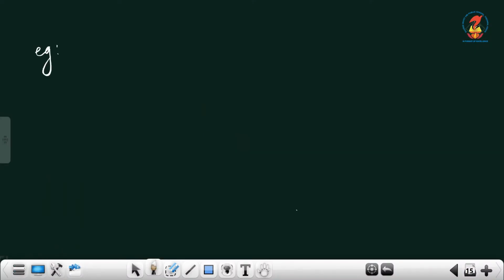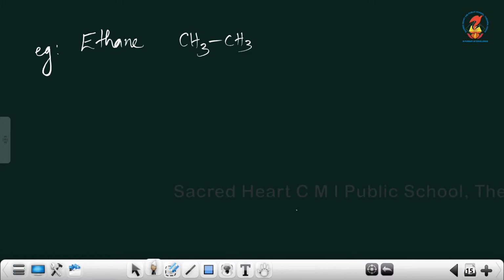For example, if I want to represent ethane, that is CH3 single bond CH3, how can I represent this ethane as a bond line representation? As I told you, we never write carbon and hydrogen, isn't it? We cannot write carbon and hydrogen when we draw the bond line representation.